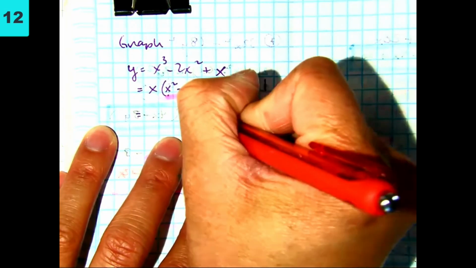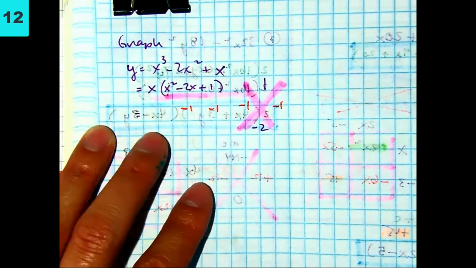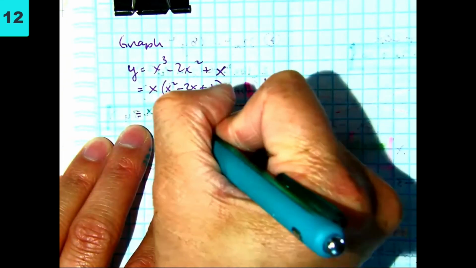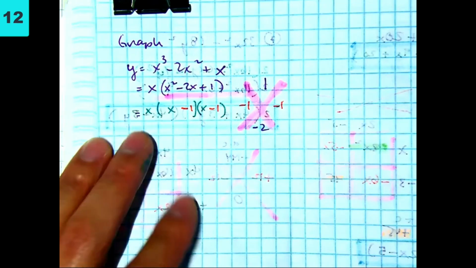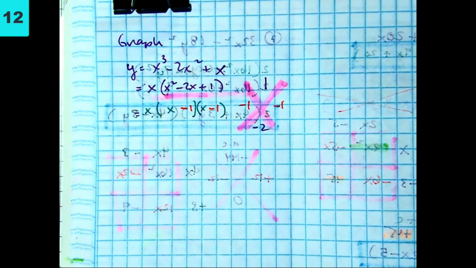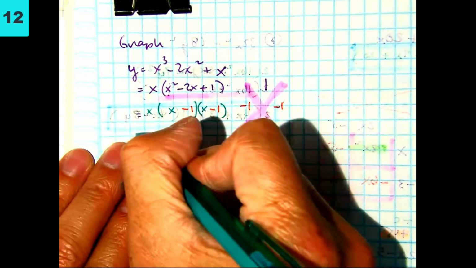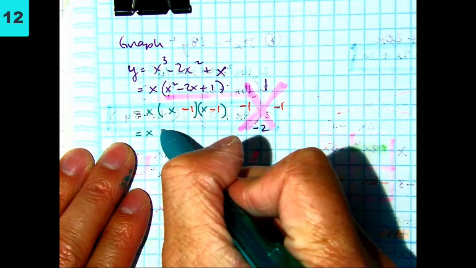X times x minus 1, x minus 1. Ivan A, how do you write that together? Good. Raise your hand if you got that.